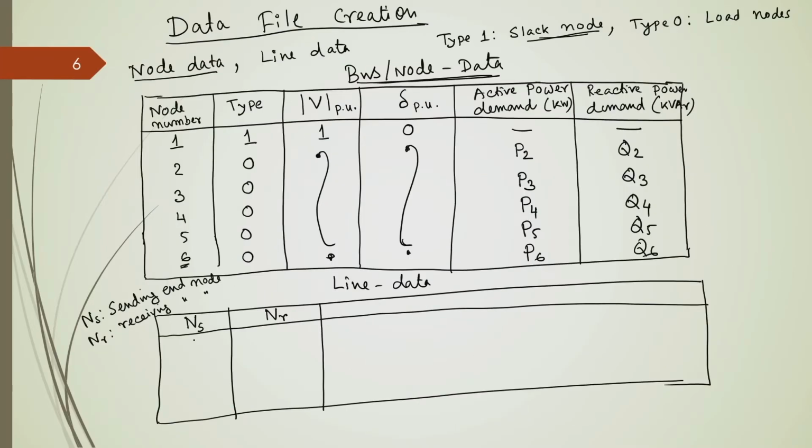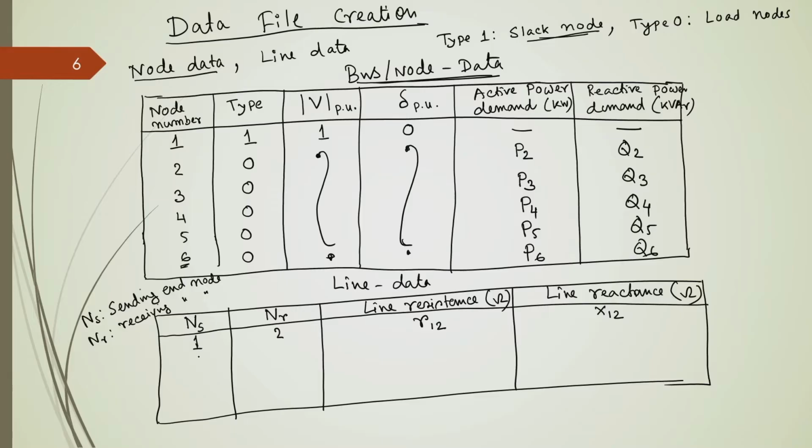I write NS 1, NR 2, and there are 2 other columns representing line resistance, normally in ohm, and line reactance, also in ohm. For this line connecting node 1 to node 2, the resistance is R12 and the reactance is X12.